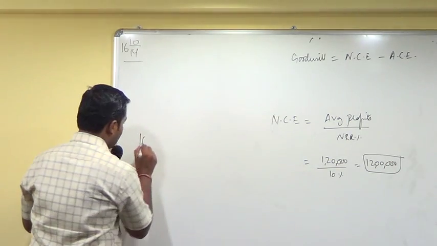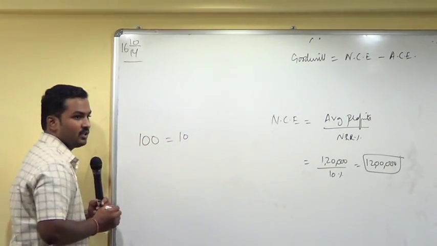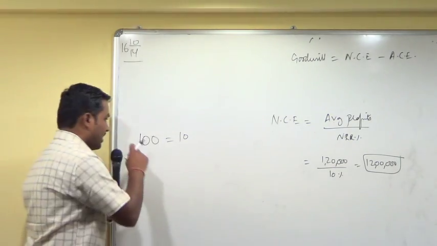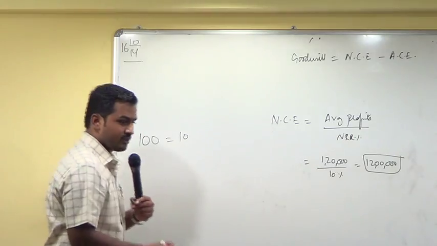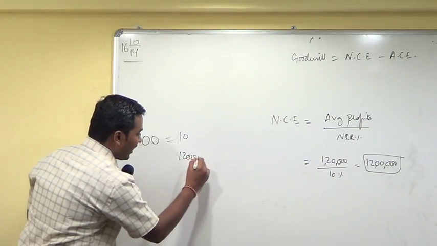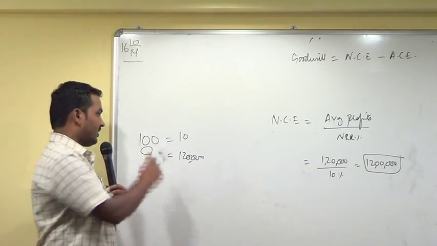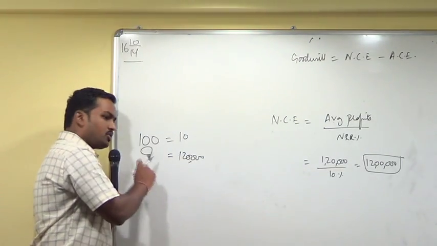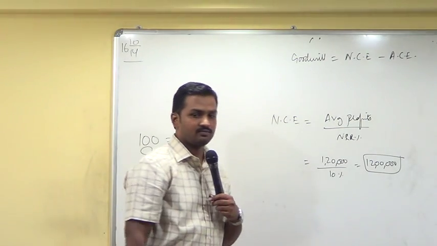Suppose if somebody is investing 100 rupees, they are getting a profit of 10. Others in the industry, by investing 100, they are only getting 10. If they want to earn 1,20,000, how much should they invest? They have to invest 12 lakh.